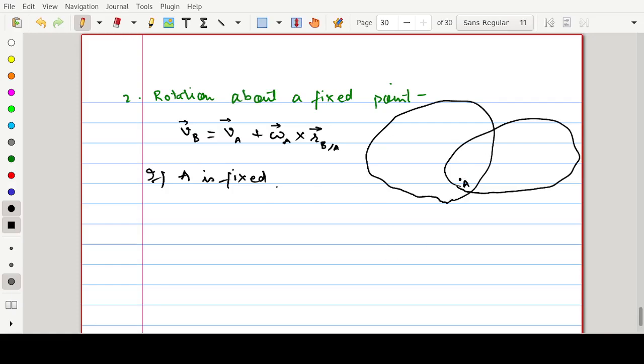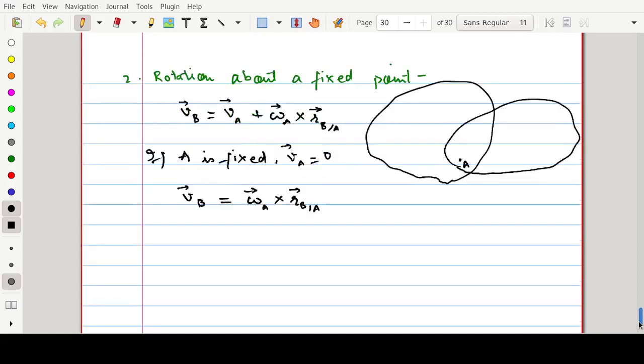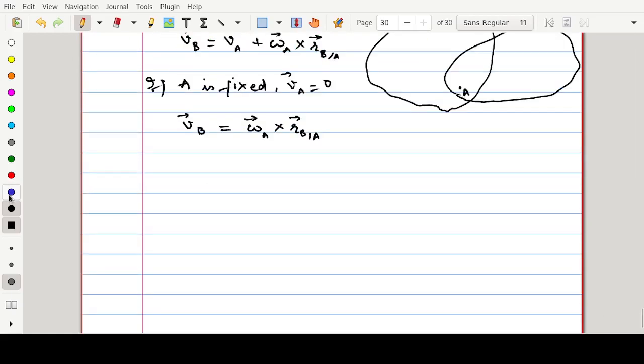So in that case VA will be 0 and your relation will be VB, the velocity of any point with respect to the fixed point, will be the rotation with respect to this fixed point cross the position of B with respect to A. Now there is another specialization, which is rotation about a fixed axis.